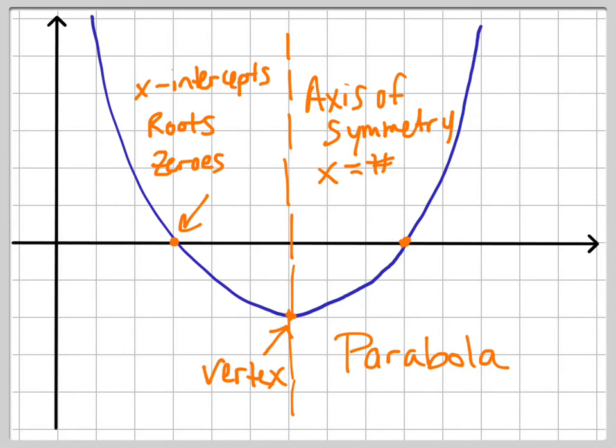Alright, you've got vertex, zeros, these points will always be some number, and then the y-coordinate will be 0, and that's why we call them zeros. And then your vertex really could be anything, so sometimes the letters that we'll use will be an H and a K to represent the vertex. I'm not sure why.